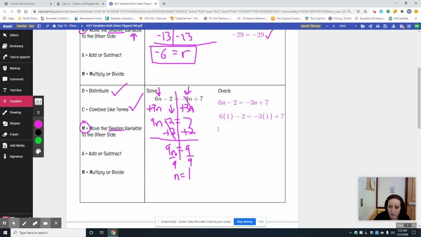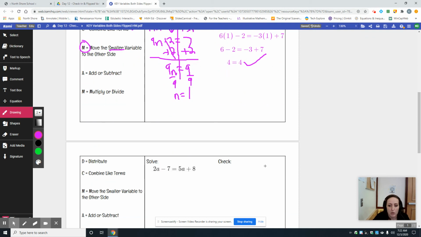Recalculate. We're going to be recalculating both sides at the same time. So we have 6 times 1, which is 6. Bring down the minus 2 equals negative 3 times 1, which is negative 3. Bring down the plus 7. Simplify further. 6 minus 2 is 4 equals negative 3 plus 7 is also 4. This is a true statement, therefore you did it right.